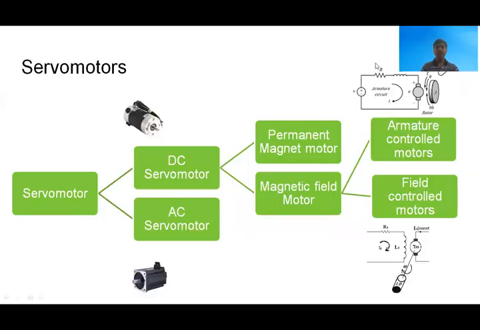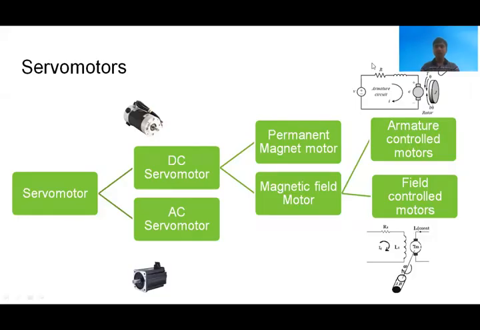In the magnetic field motor, the speed and torque are controlled by the armature current or field current. Therefore, the magnetic field motors are again classified into armature control motors and field control motors. In armature control motors, the speed and torque are controlled by the armature current by keeping the field current constant. Here, the field winding is supplied by a constant DC. Therefore, the field current is constant, and the speed and torque of the motor are directly proportional to the armature current.